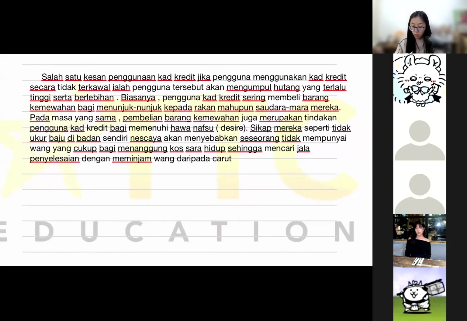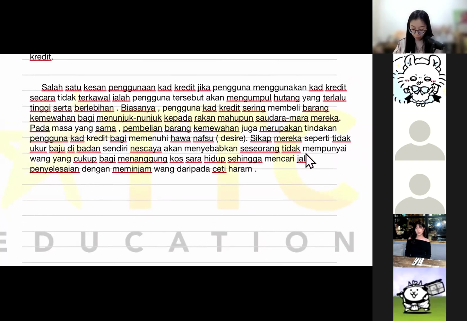Cati haram means along. Which is they will fall into a trap, keep on borrowing the money and then keep on owing money. Sikap mereka sudah okay, then you can add on one more effect.